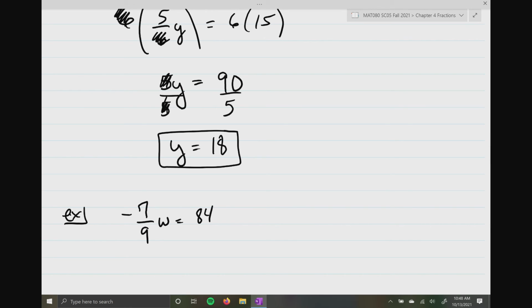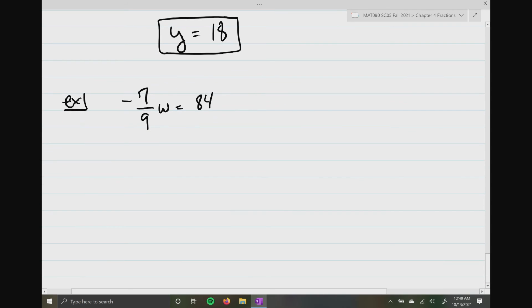But anyways, here's another problem. -7/9 times w equals 84. Okay? So what am I going to multiply both sides of my equation by? 9. Good. Now remember, everyone, we multiply both sides of the equation by 9 so we can eliminate the denominator.